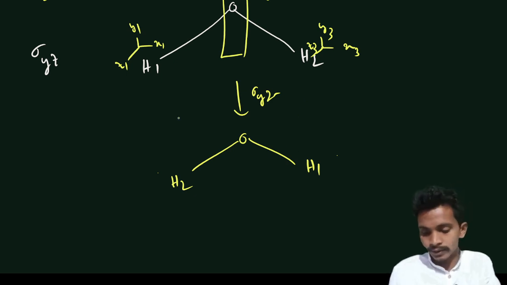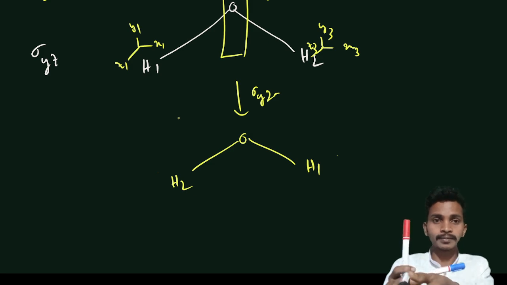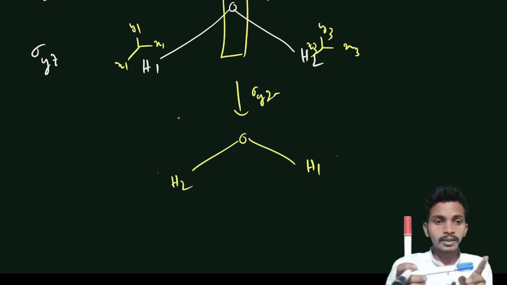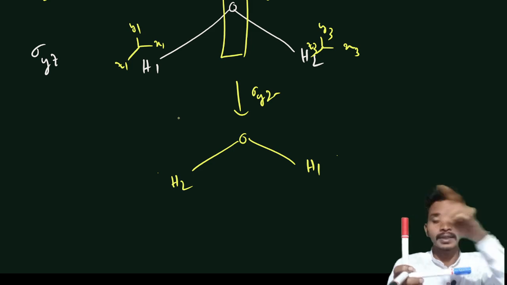So you see that the axis is like this. Let's say this is the y-axis, this is the x-axis, and this is the z-axis.